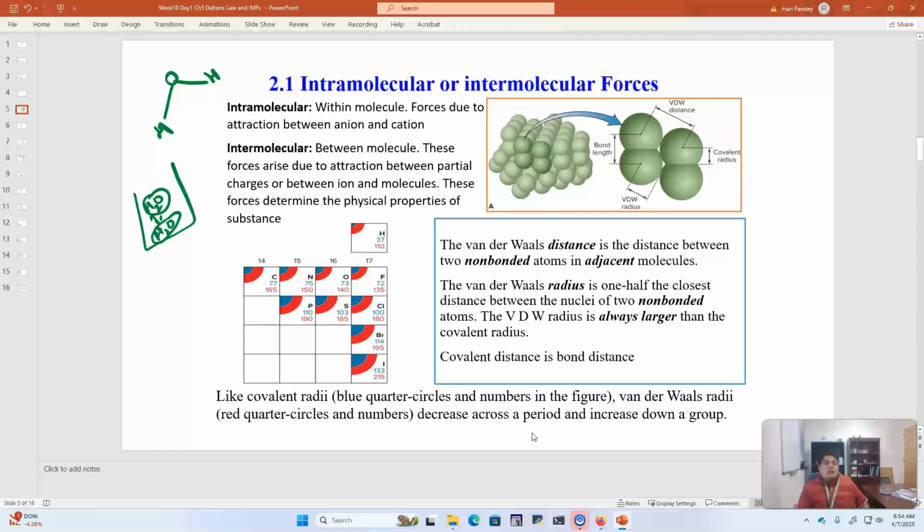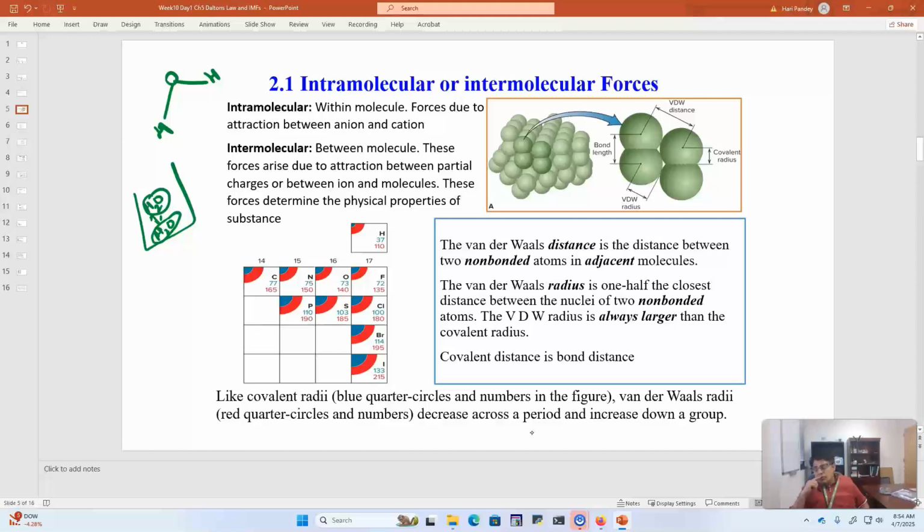So intramolecular is the force within the molecule, and intermolecular is the force between molecules. These forces arise due to attraction between partial charges or between ions and molecules. These forces determine the physical properties of the substance.